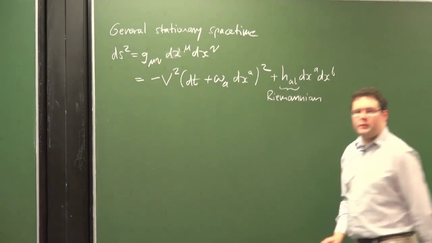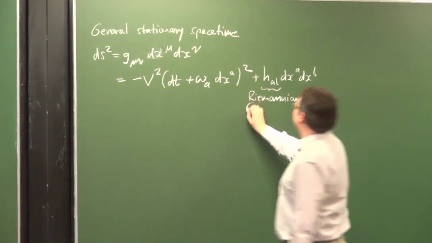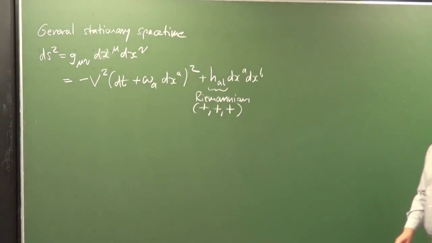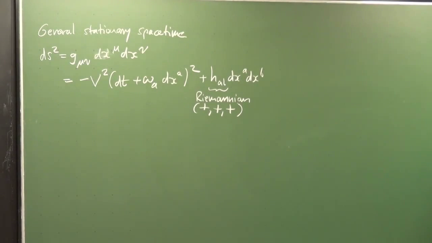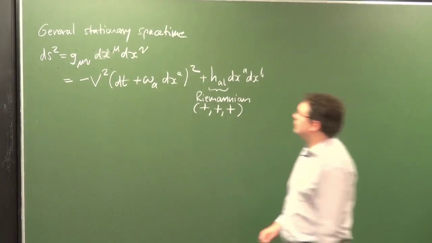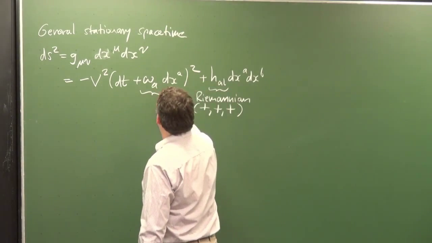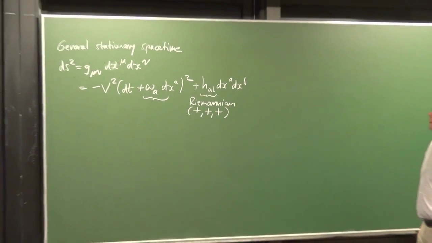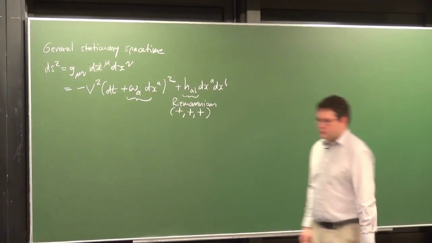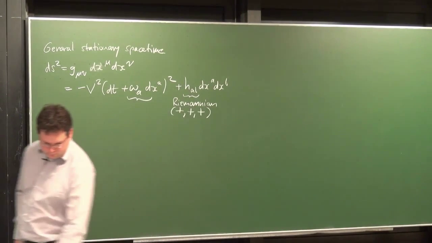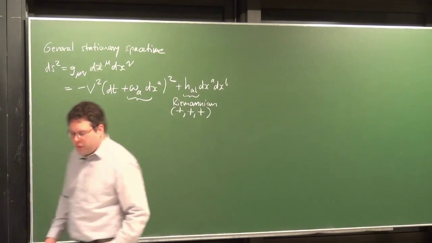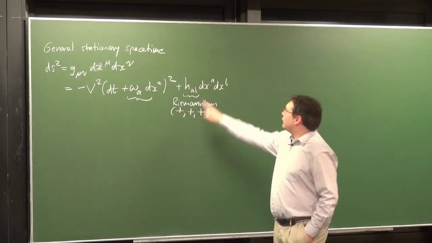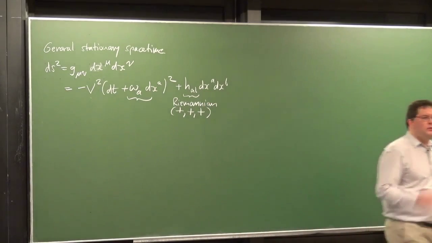Right? So it's a metric in three-dimensional space. It's just of signature plus, plus, plus, of course. And this is the mixing term, mixing time and space. Right. Now the point is, of course, that these functions, v, the omega a's, and also the h_ab do not depend on t.